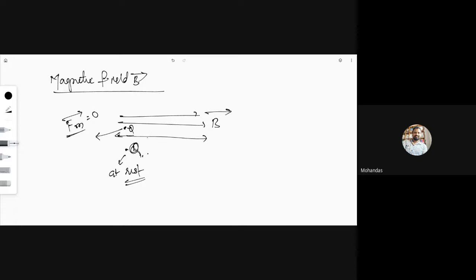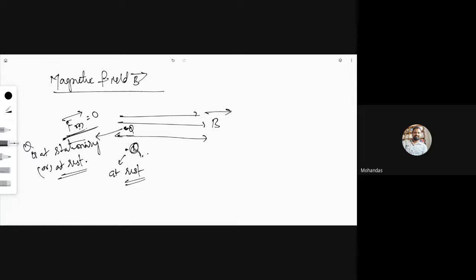Fm means the force on a charged particle Q in the presence of a magnetic field, when the charge is at rest. Fm equal to 0. Fm means force due to the magnetic field. If Q is at a stationary position or at rest, not moving, then the force is 0. It doesn't have any force.